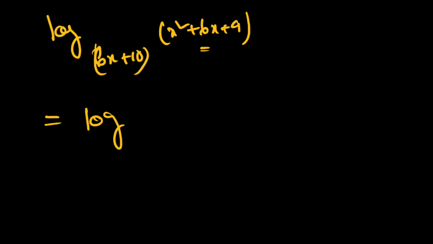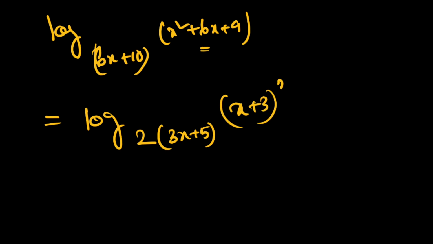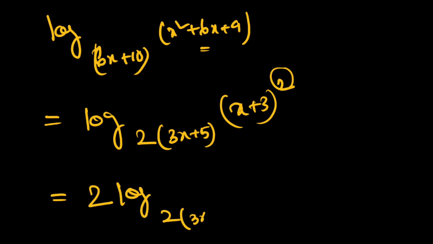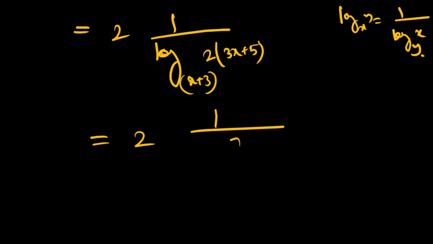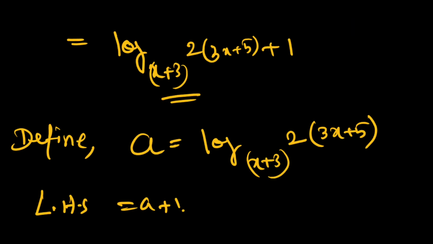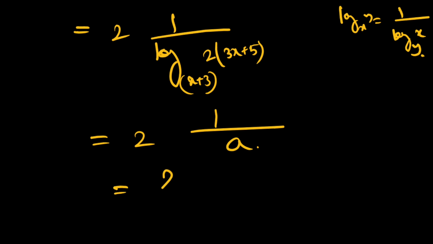The common factor in the base is 2, so the base is 2(3x + 5). The 2 comes outside the log, giving 2 log base 2(3x + 5) of (x + 3). Now we use another formula: log base x of y is 1 over log base y of x, so the base and argument are interchanged. That gives 2 over log base (x + 3) of 2(3x + 5). Before, we defined this value as a, so we got 2 by a.